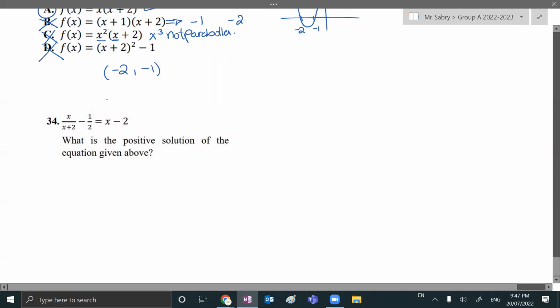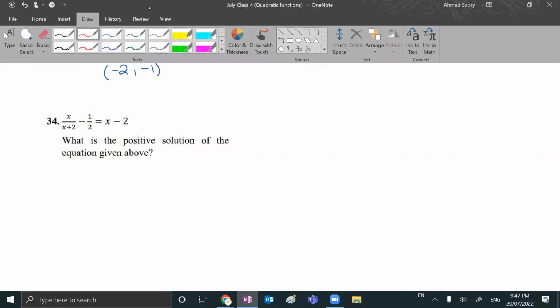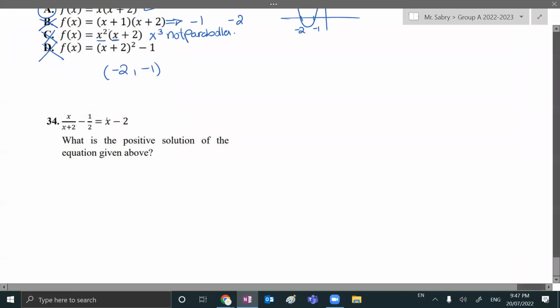We just need to move the x's on one side and the numbers on the other side. So I'll move this x to this side and I'll move the negative half to the other side. I'll have here x over x plus 2 minus x and all equals negative 2 and then plus half.